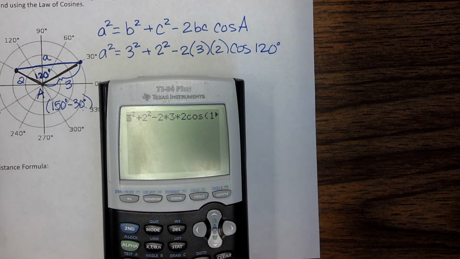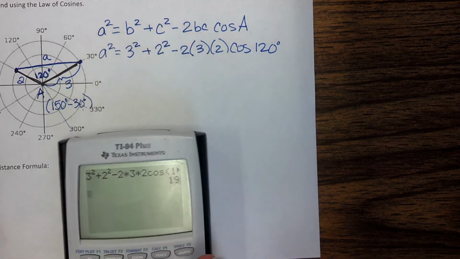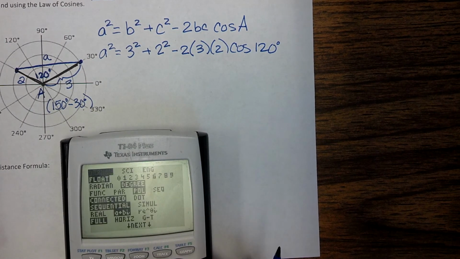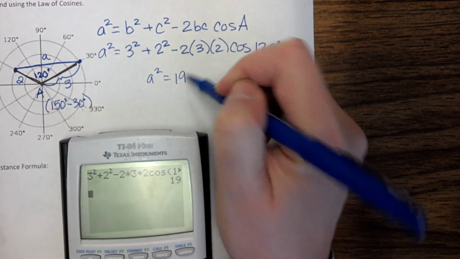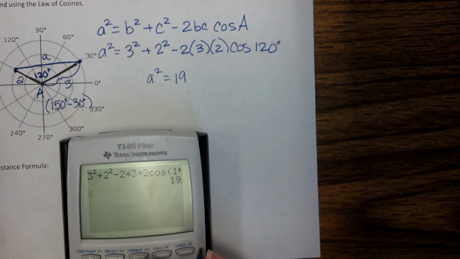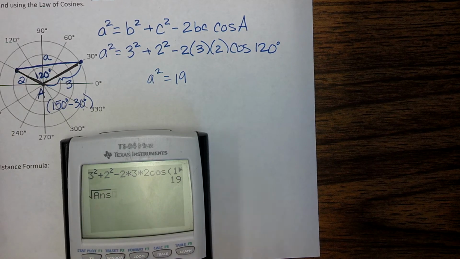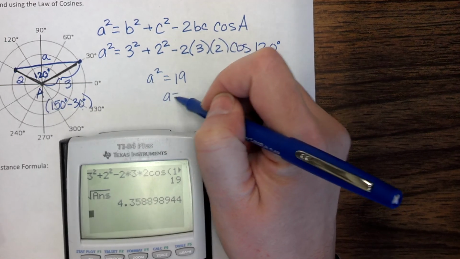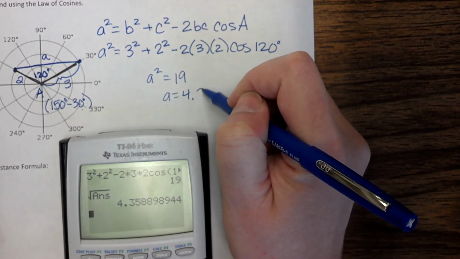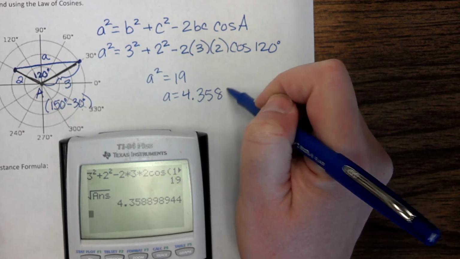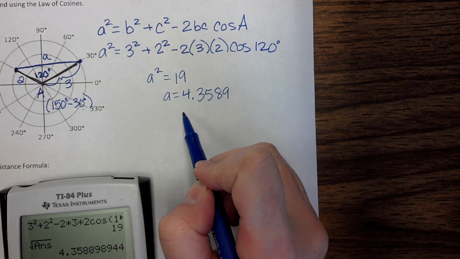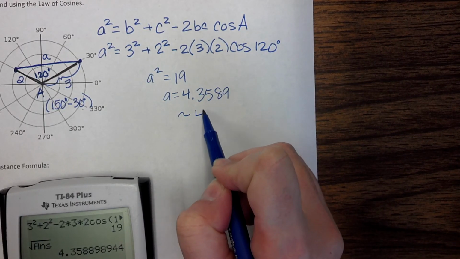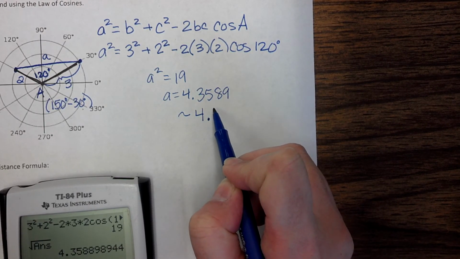All right, looks right. 19. So a squared is equal to 19, so obviously we have to square root that. So a is going to equal 4.3589, and we're just going to round everything to one decimal place, so a is approximately 4.4.